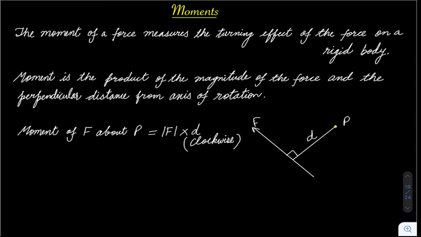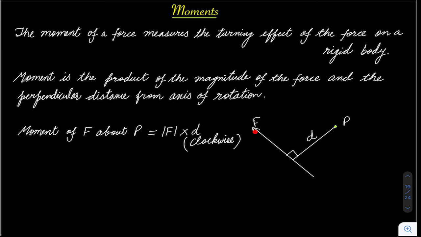So how do you find the direction? As you can see here, this is my force and this is my point P. This force will try to turn this object in this direction, about the point P. So this direction is nothing but clockwise, correct?